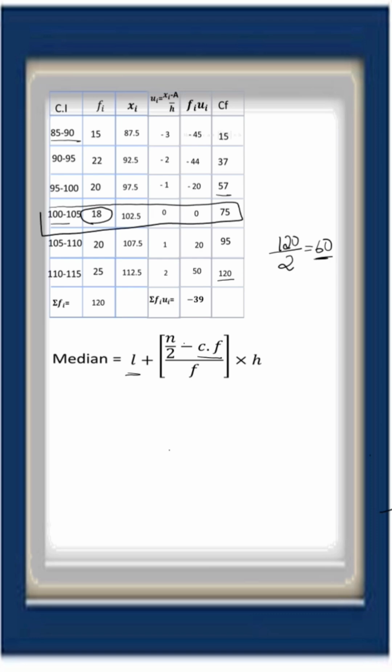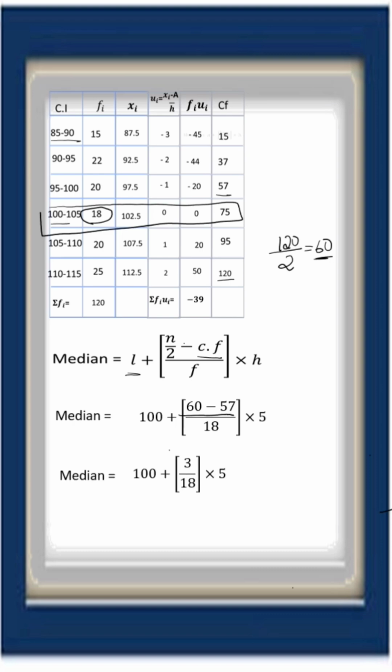Now let us substitute the values. Median is equal to 100 plus (60 minus 57) upon 18 into 5. Here 60 minus 57 is equal to 3. 3 ones are 3, 3 sixes are 18. If you want to simplify, otherwise directly you can do.